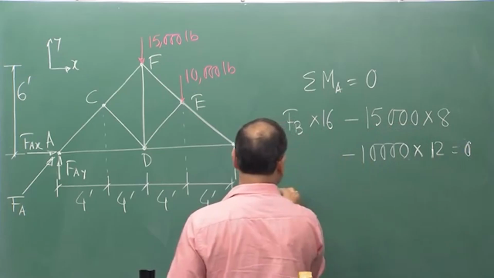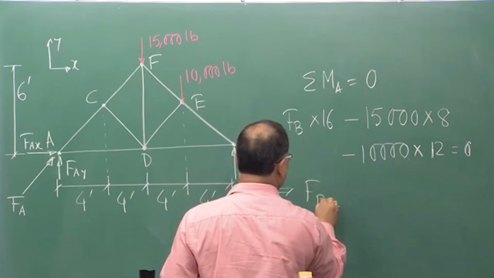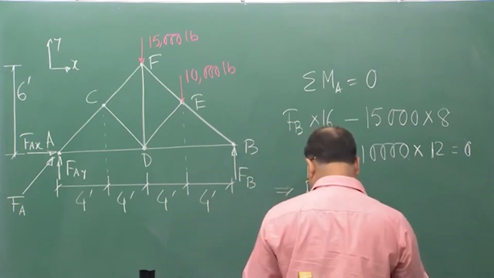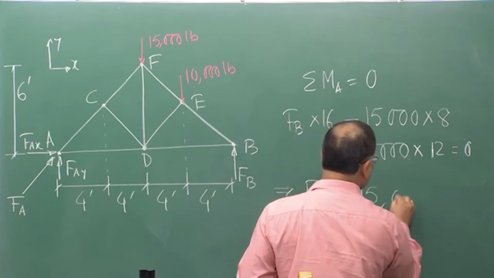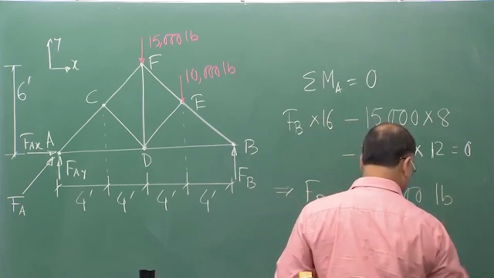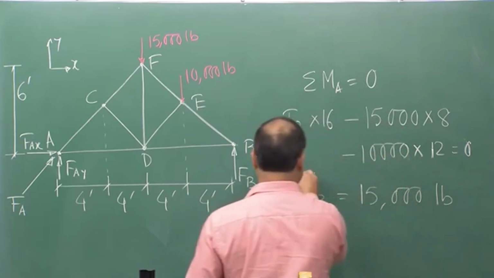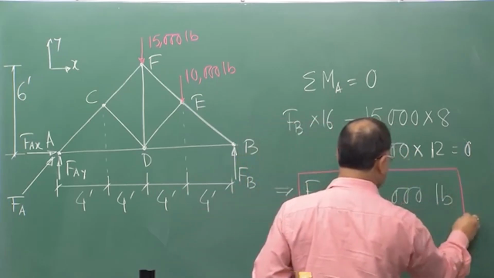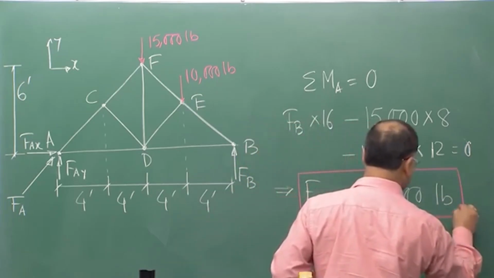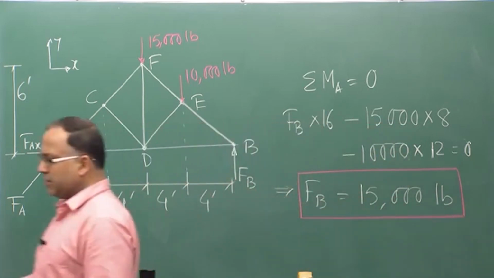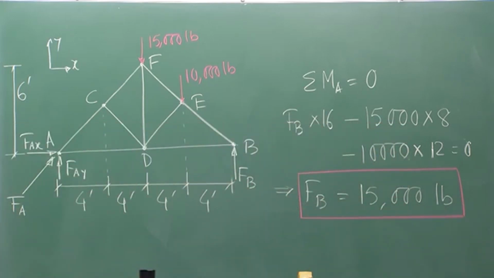That gives me F B equal to 15,000 pound. So, one of the support reactions is obtained, that is F B equal to 15,000 pound.